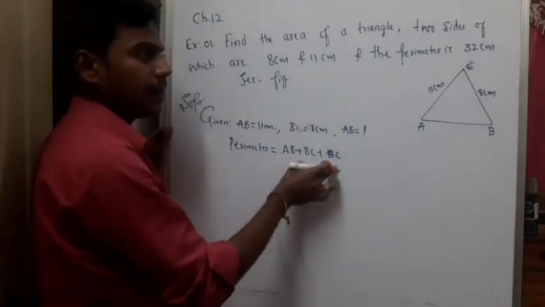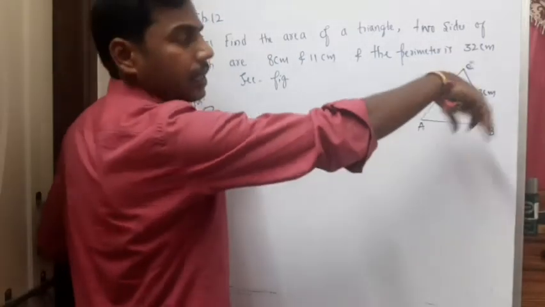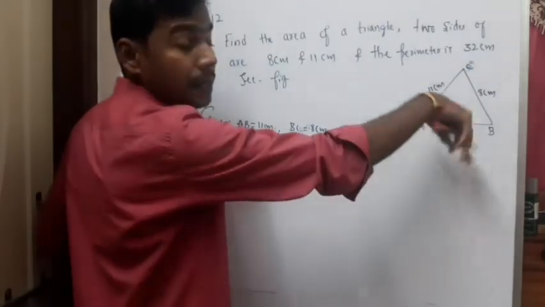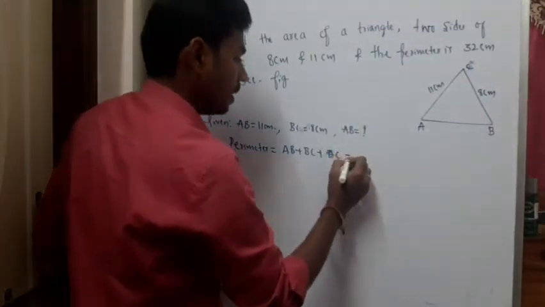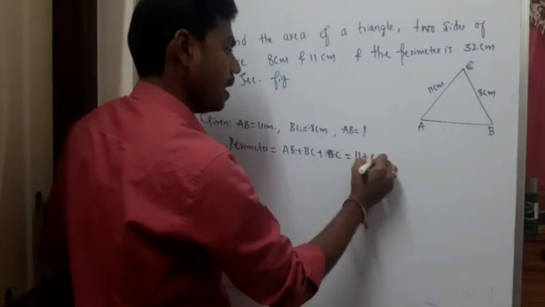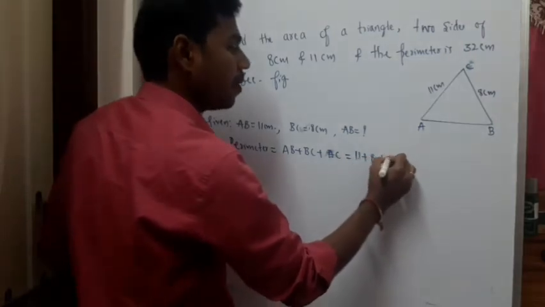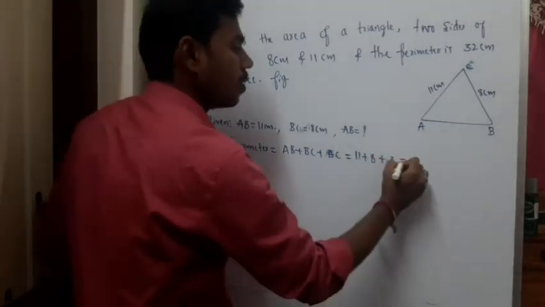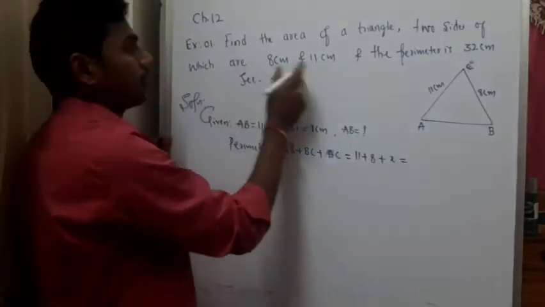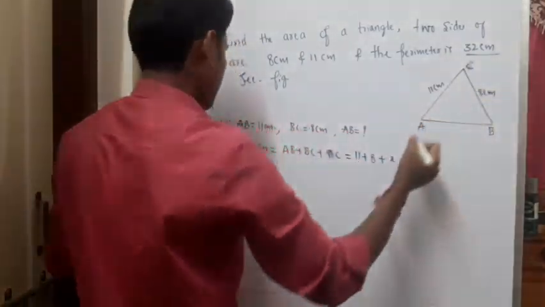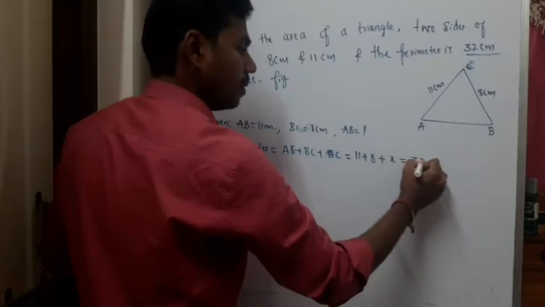This will be the perimeter. If you add all the sides, that will give me the boundary measurement. So that will be equal to 11 plus 8 plus the unknown side, I will call it X, which is equal to what they have given. Perimeter is 32 centimeter.